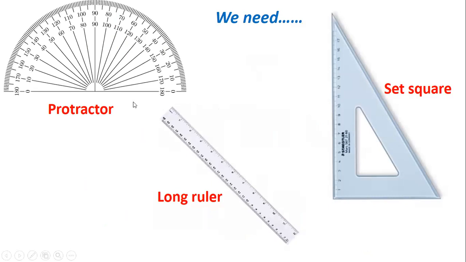But before I start with the lines, to draw in this lesson we need a protractor, a long ruler, and a set square. To draw the following lines I'll talk about, we need these 3 tools. Please prepare them with you.